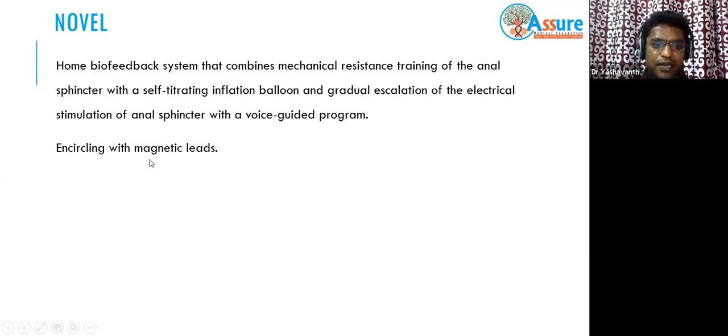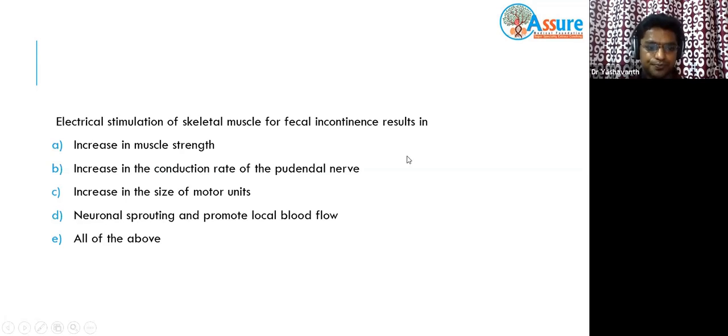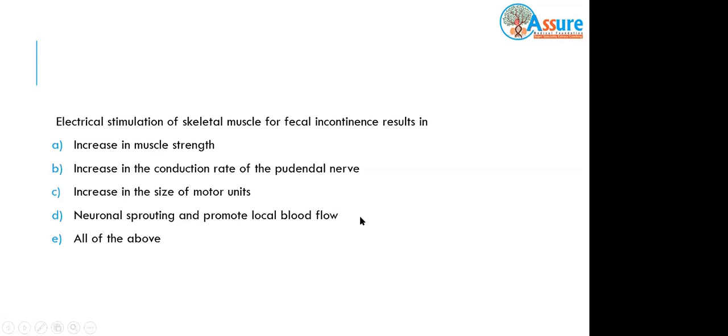And encircling magnetic leads, just like in the GE junction, in refractory GERD where magnetic leads are used, this can be used. So the question is, electrical stimulation of skeletal muscle for fecal incontinence results in increase in muscle strength, increase in conduction, increase in size of motor units, neuronal sprouting from local blood flow.